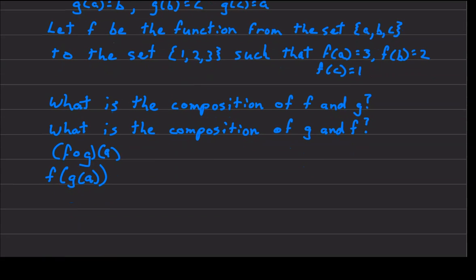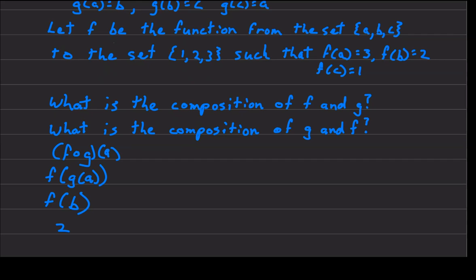To start with, we have f composed with g of a gets rewritten to f of g of a, and then we want to substitute in g of a's value. G of a's value was b, as we saw up above, so now we have f of b. F of b, we see from up above, is equal to 2.